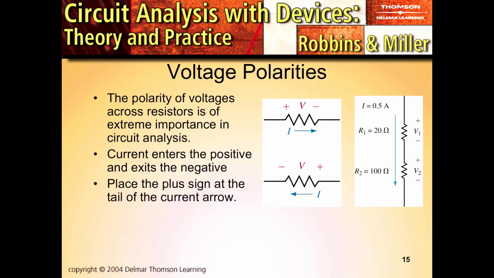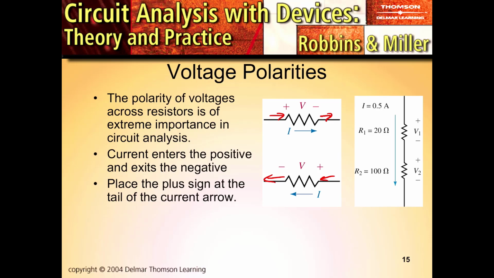And just like we've talked about in terms of conventional current, the current enters the positive potential of the drop and exits the negative. Notice how in each one of these cases, I is entering the positive terminal and exiting the negative terminal. It's the flow that determines the amount of voltage and its polarity.